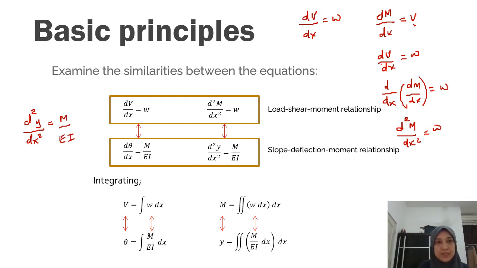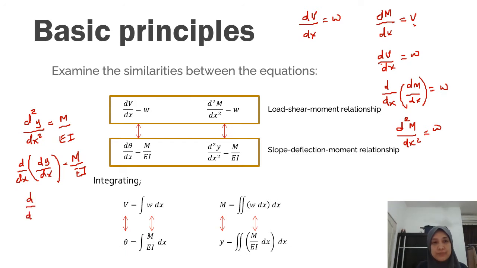If I rewrite it, I get d over dx of dy over dx, which is still M over EI. I just take out the derivative dy over dx, it's the same thing. And I know that dy over dx is basically my theta.